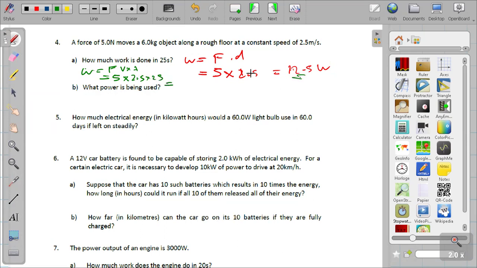So this is the power. Work done is going to be 12.5 times 25. 25 times 10 is 250, 300 and 0.5, 312.5 joule. So these are the two works.